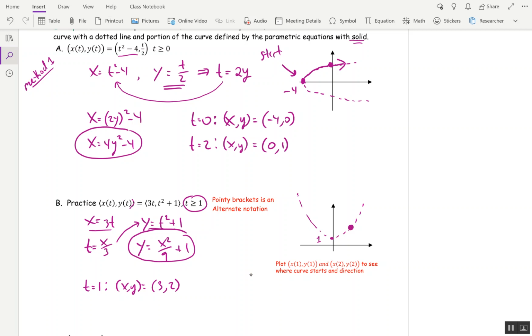So I'm starting here at 3, 2. Now I need a number bigger than 1 to figure out which direction I'm going in. Let's go maybe t equal 2. x, y is 6, 5. So I'm going that way, and that's the portion of the curve I get.